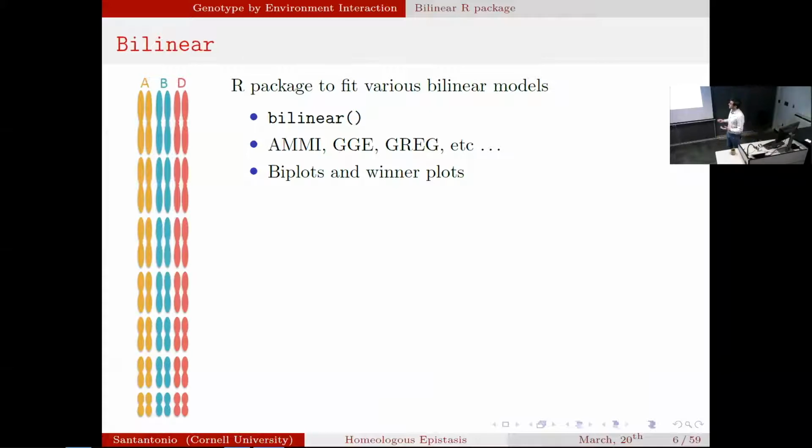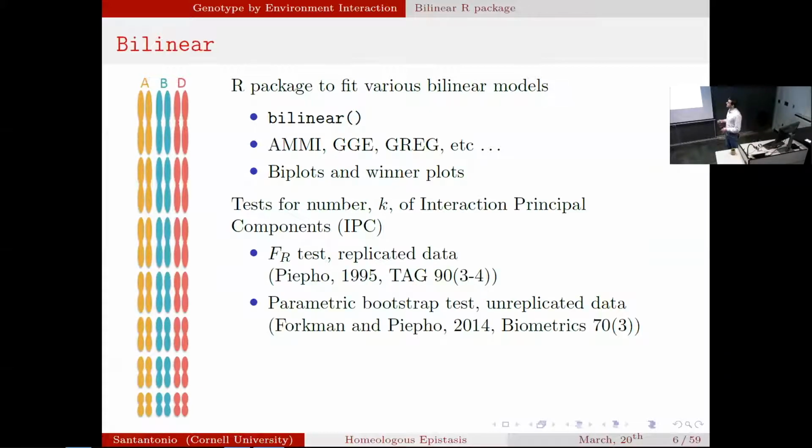And so this package that I wrote fits various models and produces plots and tests, but more importantly, has a couple of tests for how many of these dimensions we should pull out of the G by E term. In particular, we have an F_R test that was developed by Piepho in '95. And this is great for replicated data, or at least data where you have a known within-trial variance.